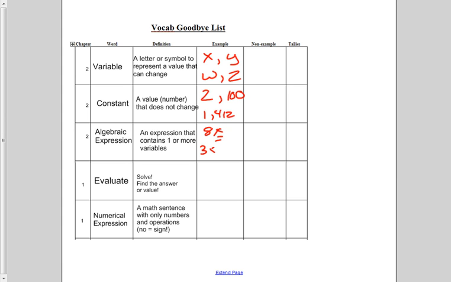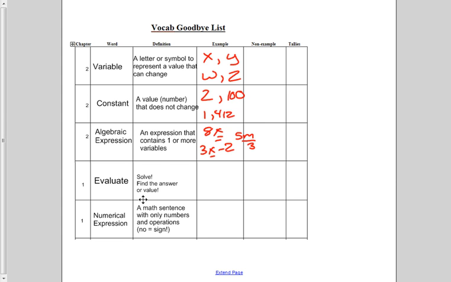Another example would be 3x minus 2. That expression does not have an equal sign, so it is an expression, and it has a variable. We could also do, how about 5m divided by 3. That would be an expression, no equal sign, and includes a variable.